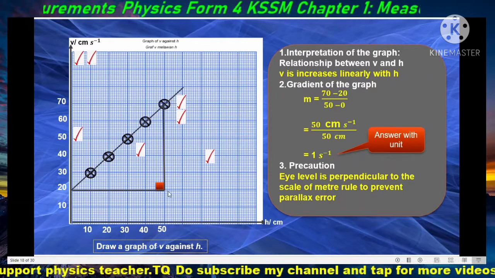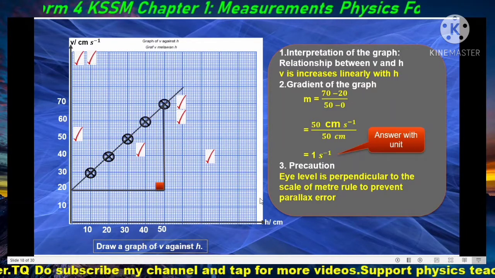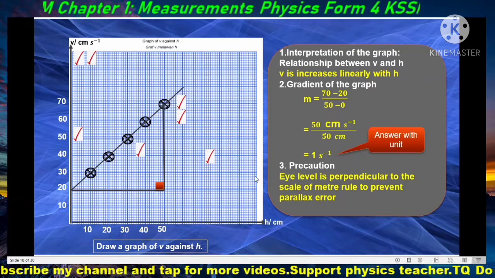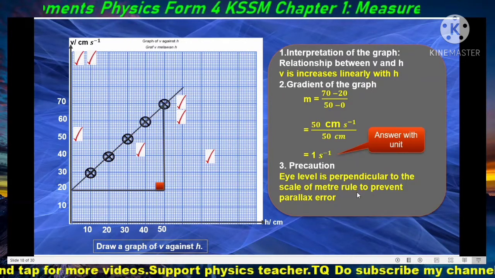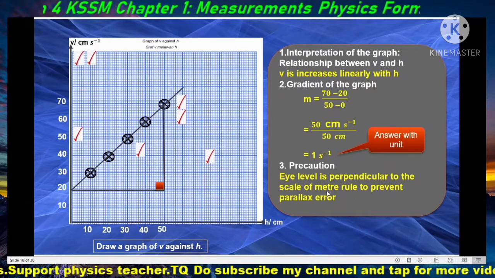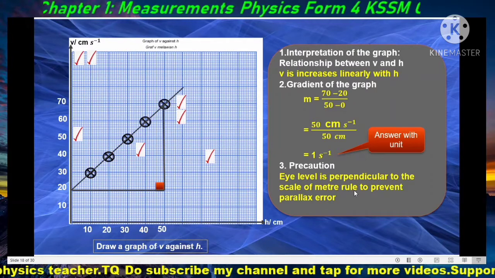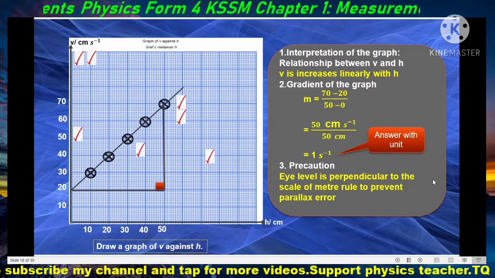For this experiment, we use a meter rule, so we write meter rule. You can use this precaution for all types of experiments, but you must change the instrument according to what is used in the experiment. If the experiment uses an ammeter, then you put ammeter here. You must write the precaution completely.